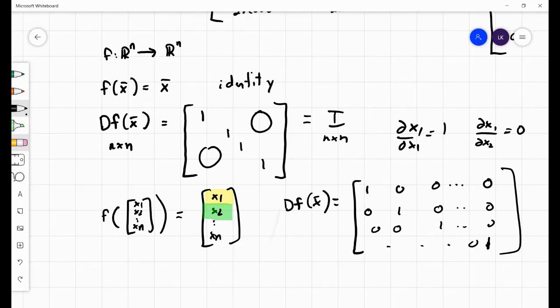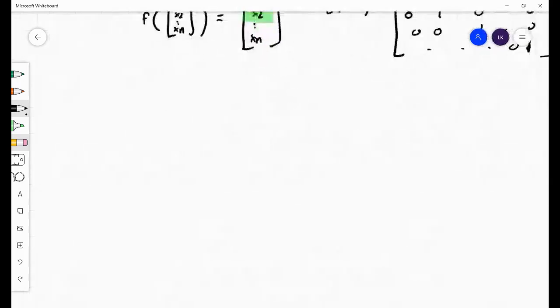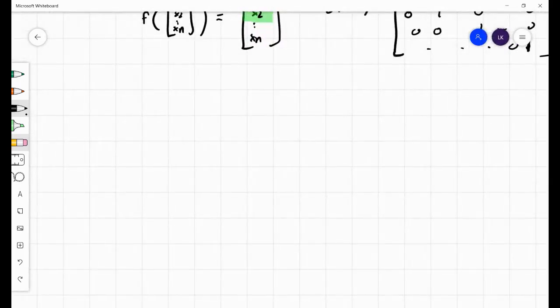Okay. So now I'm looking at very basic examples here. So next we're going to look at a function from Rn into R, where the output is a number which is the magnitude of your input. Okay.